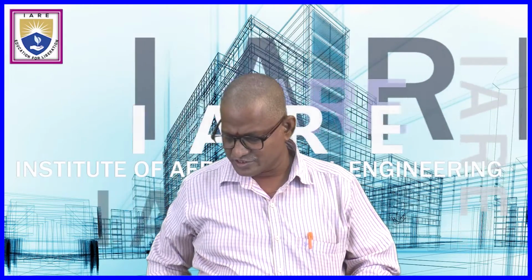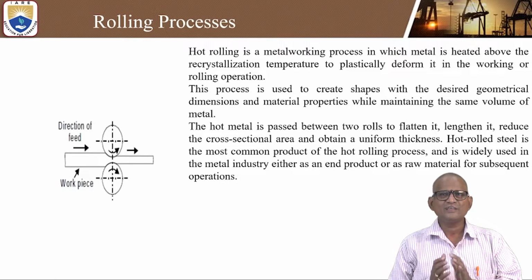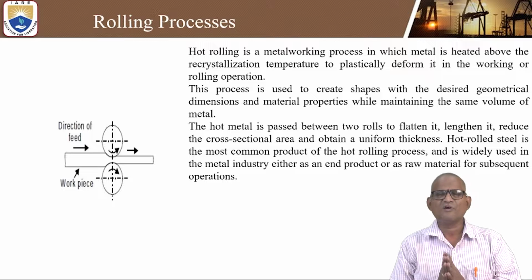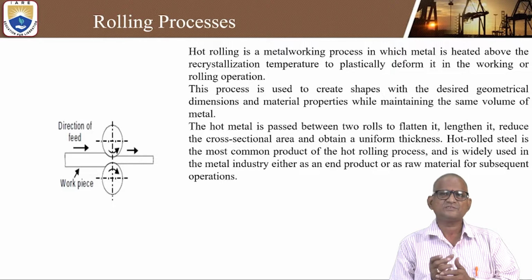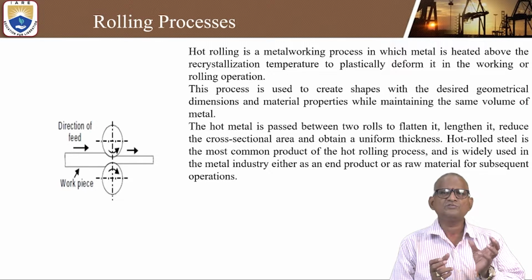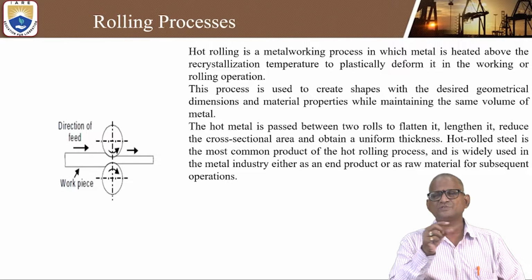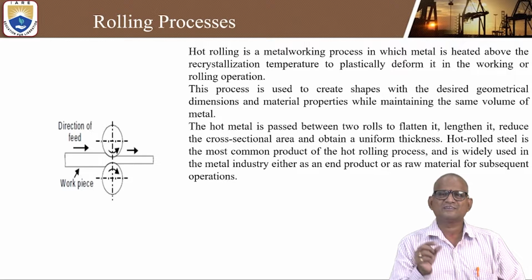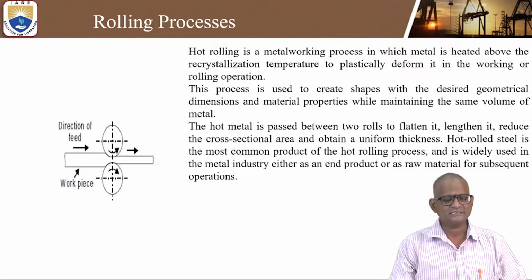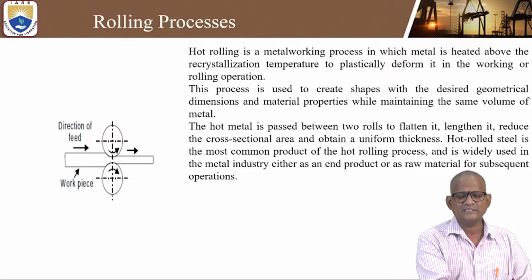Before going to hot rolling, let us see how the rolling process is performed, what different types of rolling there are, what the advantages and limitations are, and how in rolling a billet can be formed into a small ingot, and small square and circular rods can be obtained. Let us see a simple rolling process explained in a flow diagram.